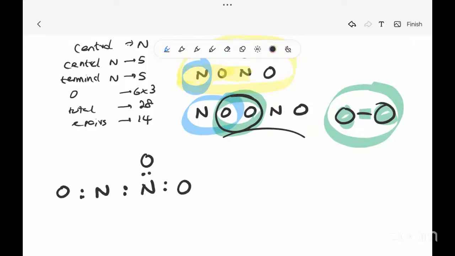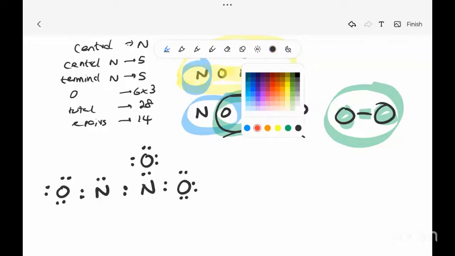I have made a mistake. 1, 2, 3, up to 12, sorry, 13 and 14 we are placing here. This is the mistake that I have made. That's why I was also thinking it cannot be.